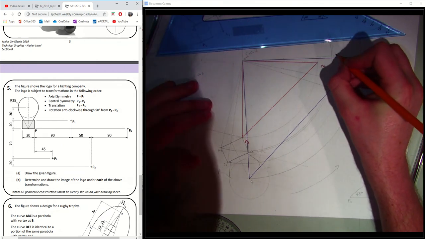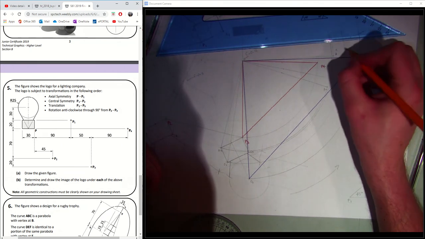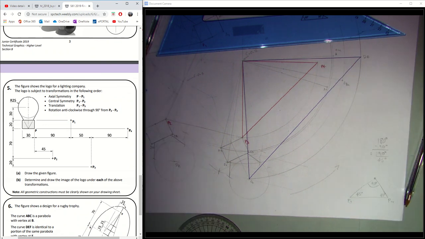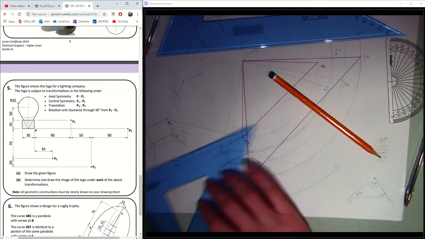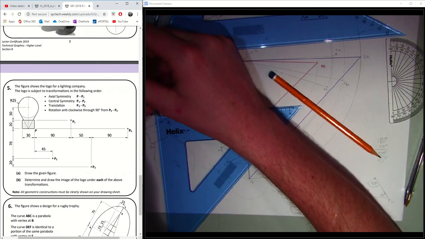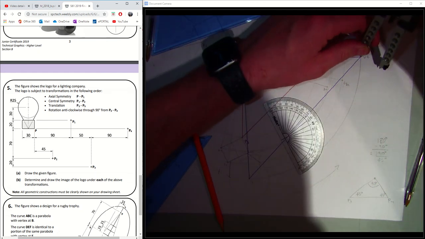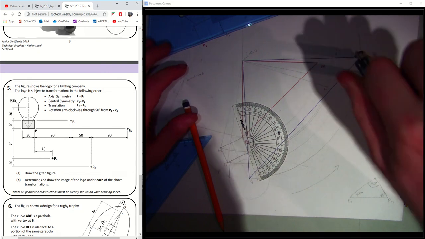That's going to give me point C4. Again, only the orientation is changing, so the size isn't. So I know my radius of my circle is 25, going from point D, because D was where the center of the circle was here, and I'm drawing in my circle.